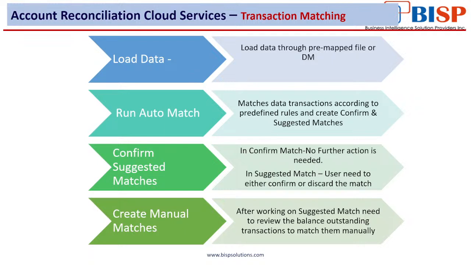Basis the suggested matches, we can create manual matches for them. So after working on the suggested matches, we need to review the balance and outstanding transactions to match them. That is, we can match them manually.